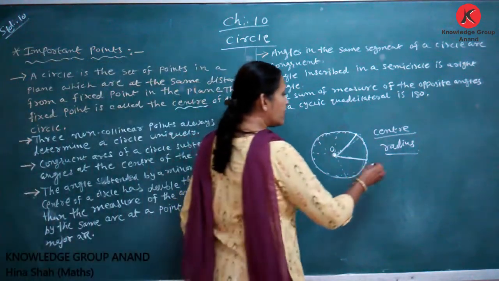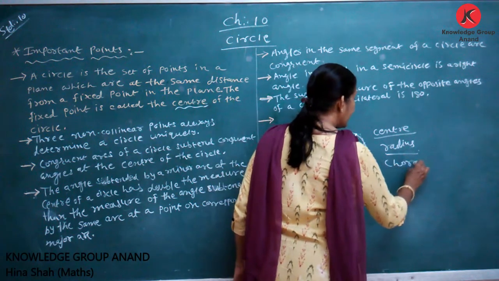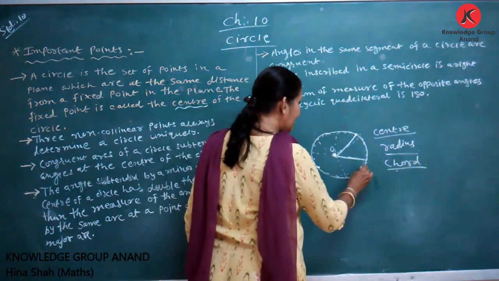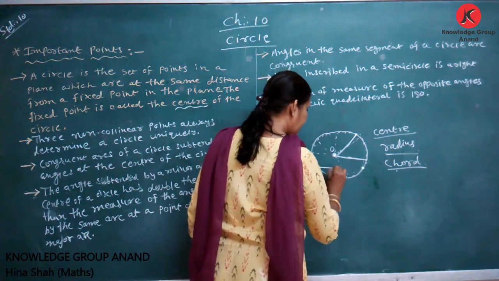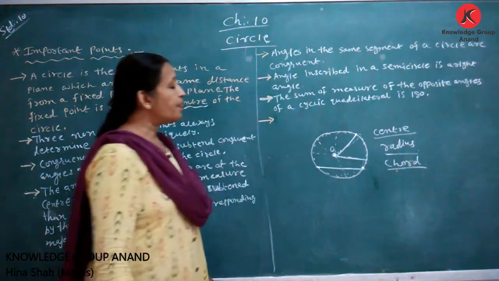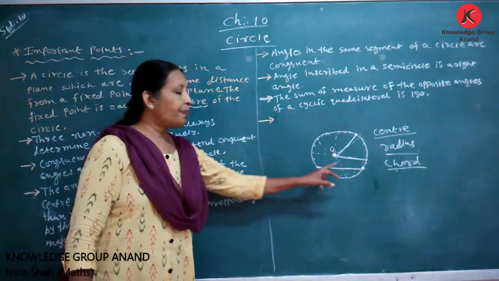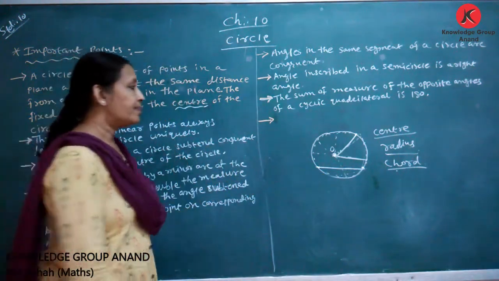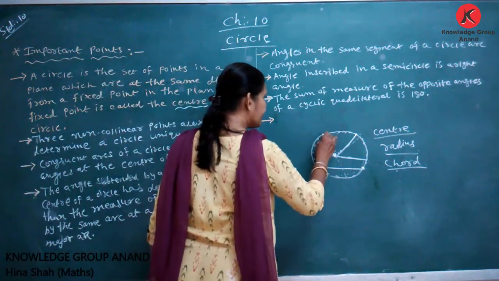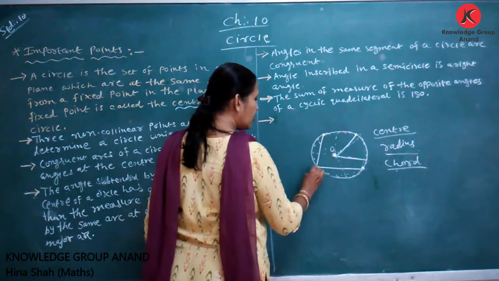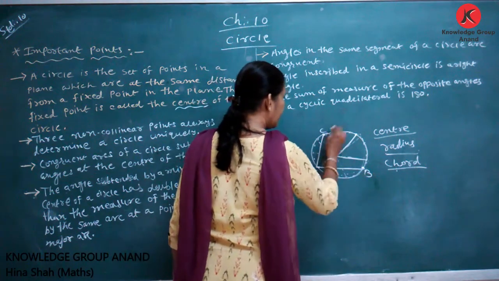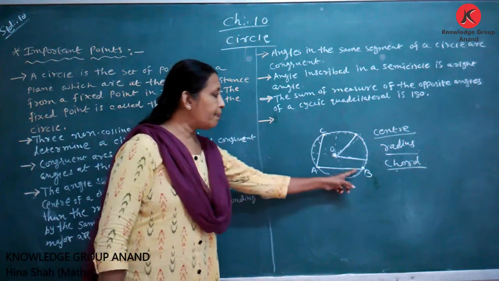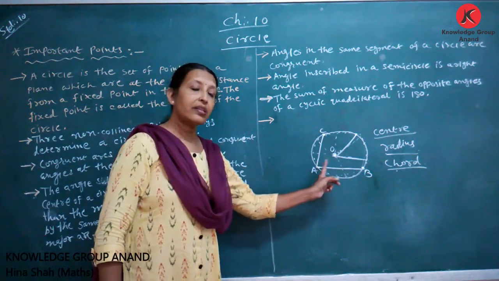Now what is chord? We learned in standard 9. A line segment whose both endpoints are on the same circle is called chord. Suppose like this, it is called chord.